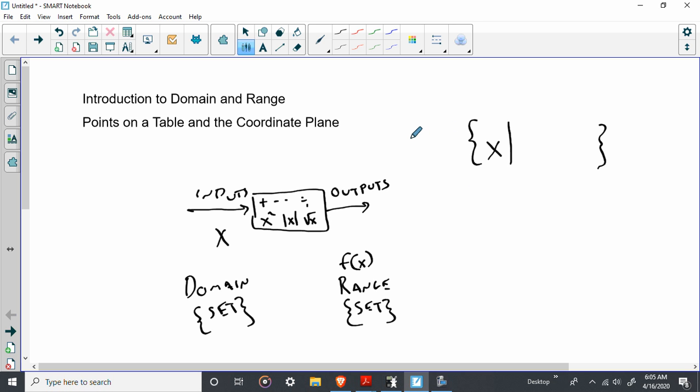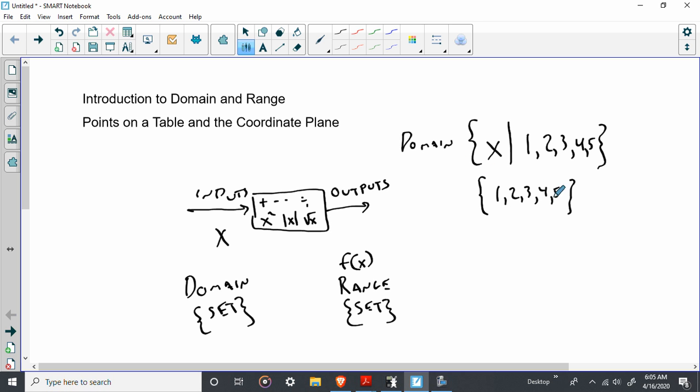Okay, so for your domain, your set of X. Now, sometimes if they say, hey, what's the domain, and you just wrote this, say your domain was 1, 2, 3, 4, 5. Then you could just write 1, 2, 3, 4, 5, but you really would need to let them know that this is the domain.